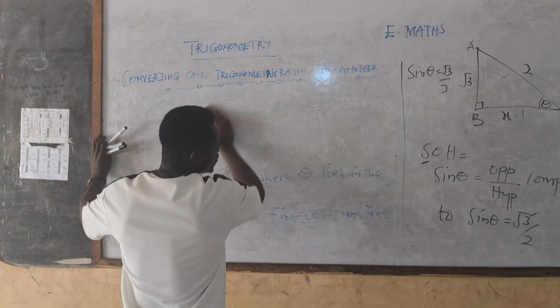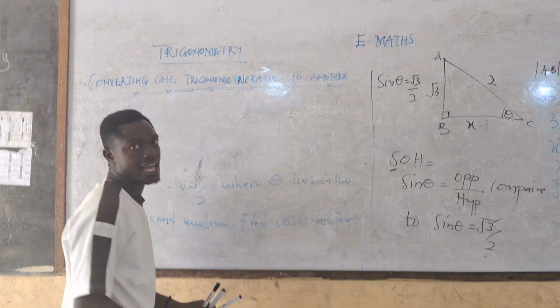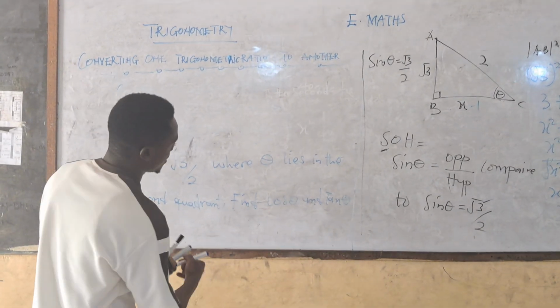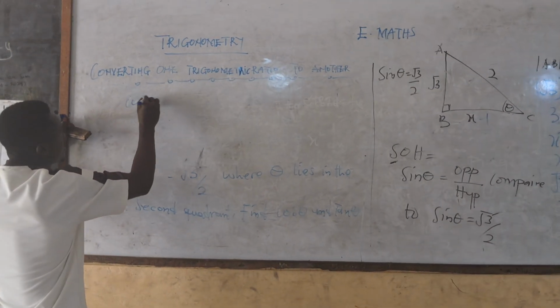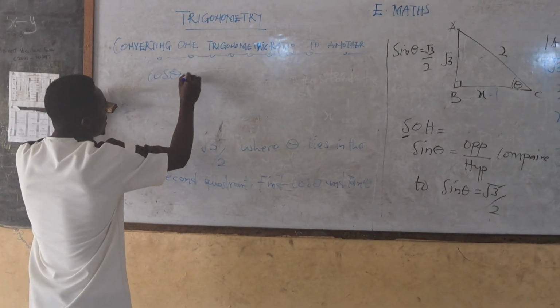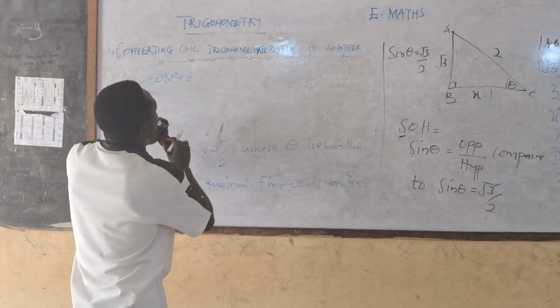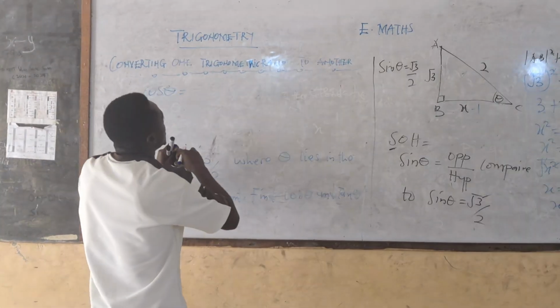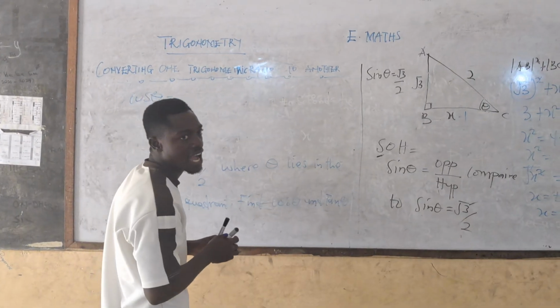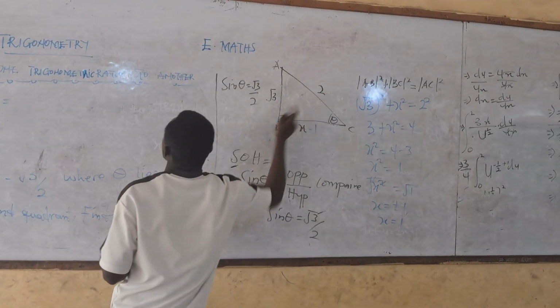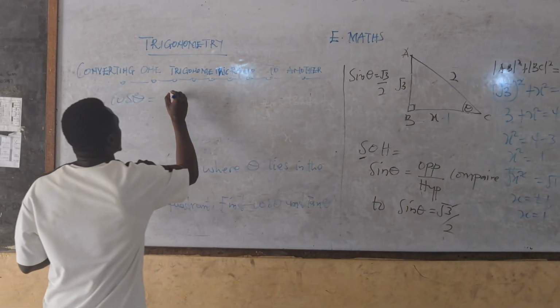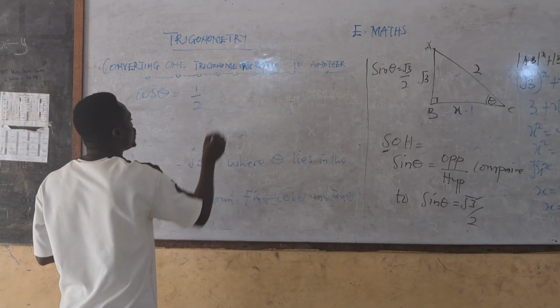We were told to find cos and tan of the angle. So we are now going to look for cos theta, and you know cos theta, in our previous lessons, is equal to adjacent over hypotenuse, which is equal to 1 over 2.